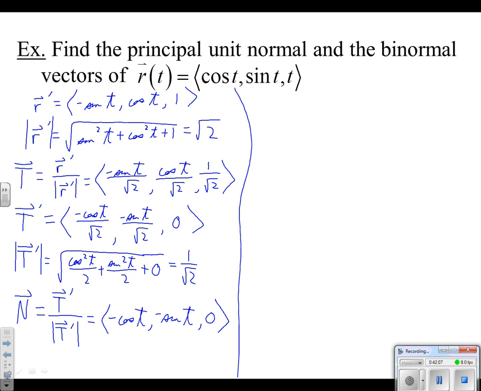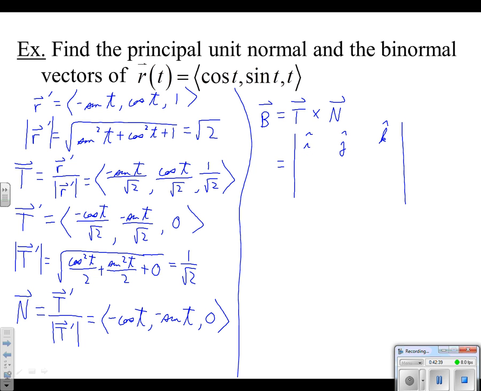And then finally, to find my binormal vector, it'll be T cross N. So let's see, i, j, k.